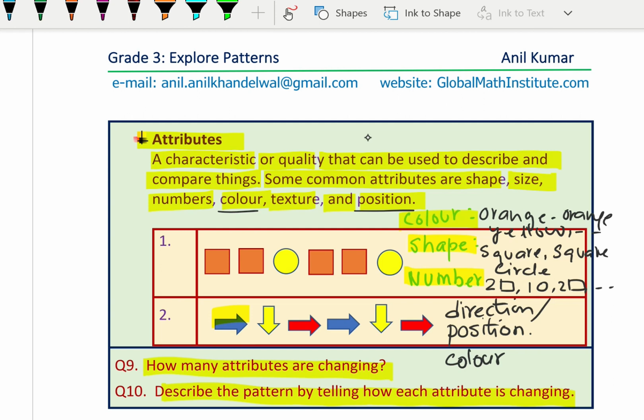So its position or direction is towards east, south, east, east, south, like that. Or you can say right, down, right, right, down. Or you can say color, blue, yellow, red, like that. Correct? So those are the different ways in which you can describe these patterns.